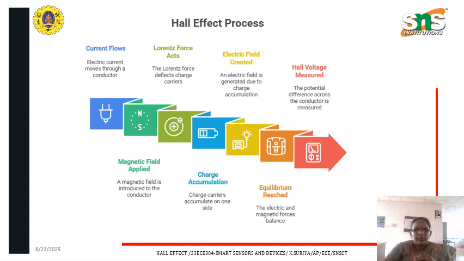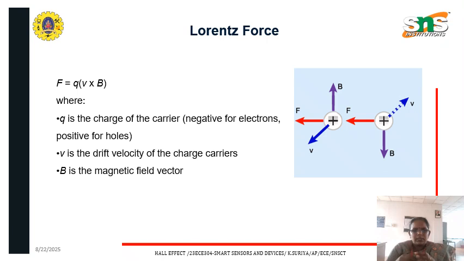So next, let us consider a rectangular conductor with length L and width W and say thickness is T, carrying a current I in the X direction. A magnetic field B is applied in the Z direction, which is perpendicular to the current flow.